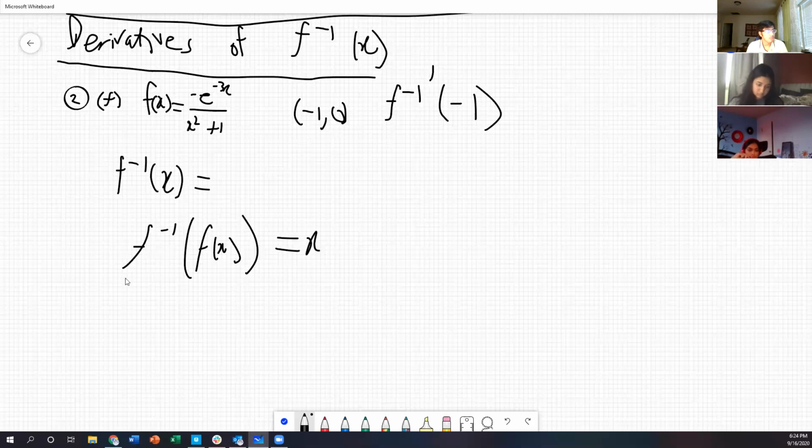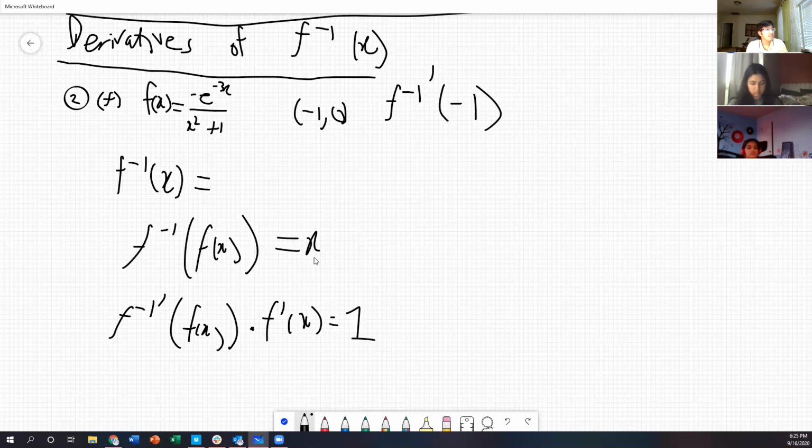If I take the derivative of both sides, I get f inverse prime of f of x times f prime of x equals 1. But the problem is I don't get f inverse prime of x. I get f prime of x in terms of f inverse prime of x.